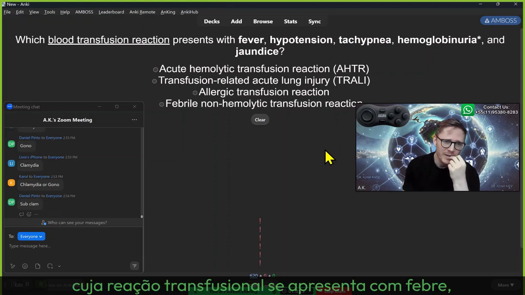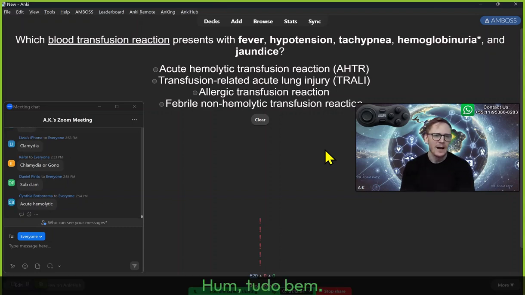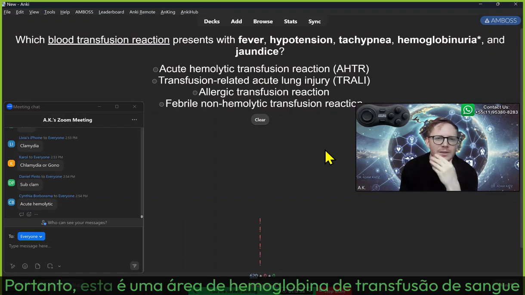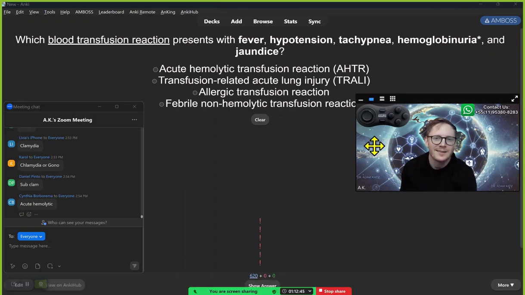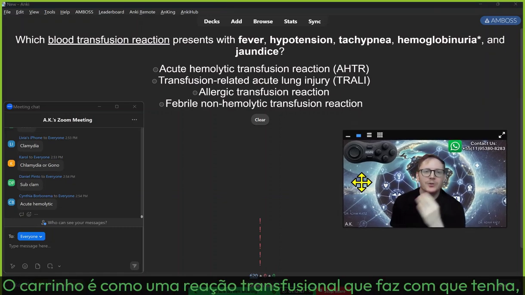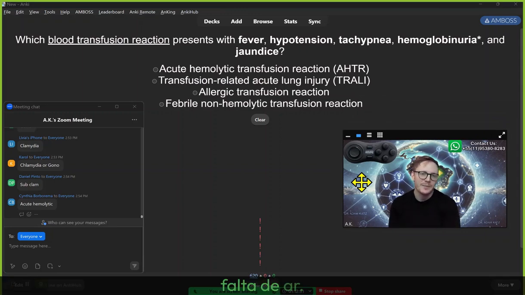Which transfusion reaction presents with fever, hypotension, tachypnea, hemoglobinuria, and jaundice? All right, so this is a blood transfusion. Hemoglobinuria is starred. So you guys know what TRALI is? TRALI is a transfusion reaction that causes shortness of breath.